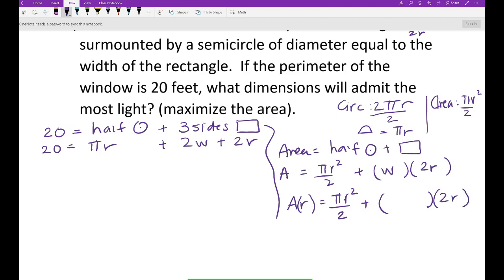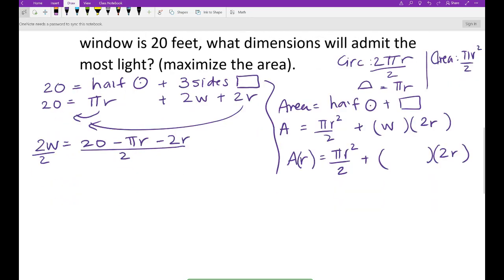How do I find what W is? Go back to the perimeter and solve, right? Can I subtract that over? So here we go. 2W equals 20 minus pi R minus 2R. Can I divide each and every term by 2?